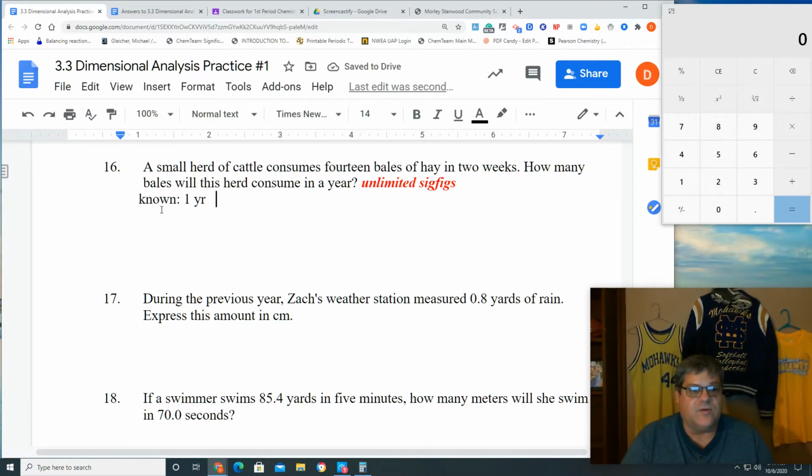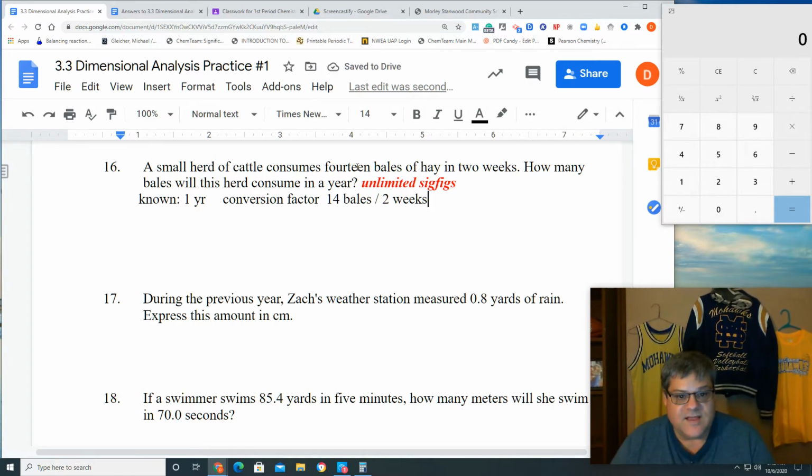That conversion factor is 14 bales per 2 weeks. So this is our conversion factor. That's the way you read it. You've got to highlight everything that you find in there, guys. Make sure that you can find those numbers and see what they are. That's what I came up with.